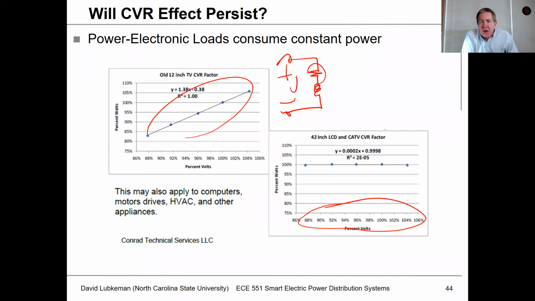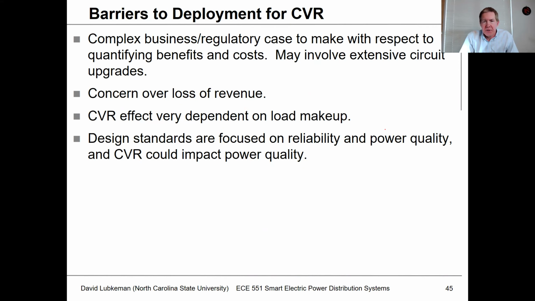So there's a lot of questions now about to what degree the CVR effect's going to last. It takes a long time to replace all the air conditioning heating devices out there, but over a long enough period of time, this type of control may not be useful anymore.